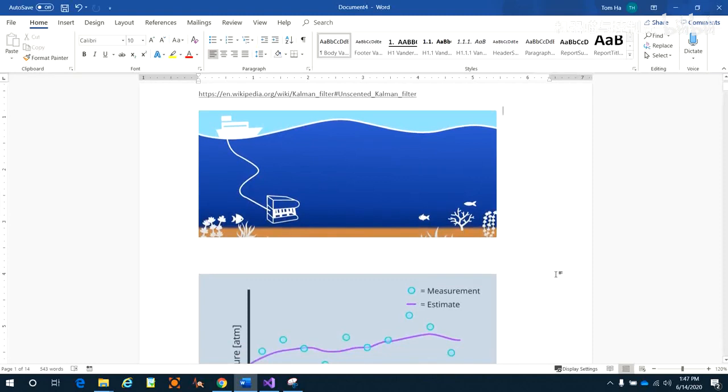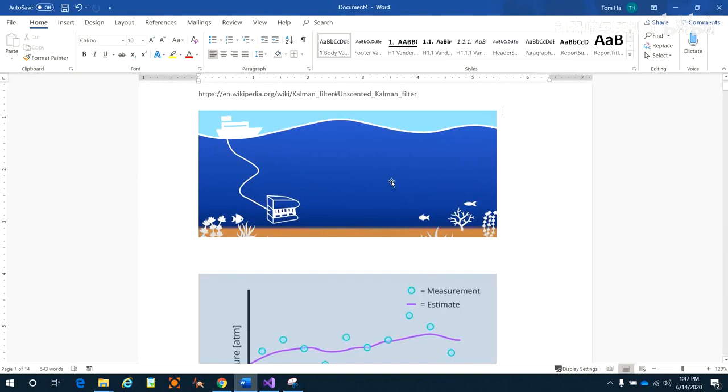What the Kalman filter is: we have a lot of filters, in the electrical field, high pass filter or low pass filter, right? It's another kind of filter that helps you get a correct estimate of a variable. The Kalman filter helps you get a corrected estimate of the data, okay?